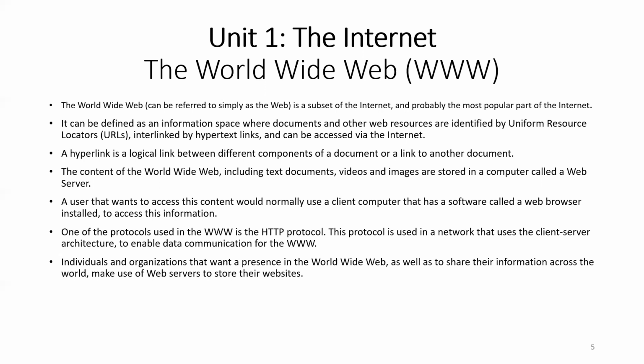Then in between these information spaces, we could have other spaces linked to other specific spaces. So spaces that are linked to one another, and you can access all of these via the internet.